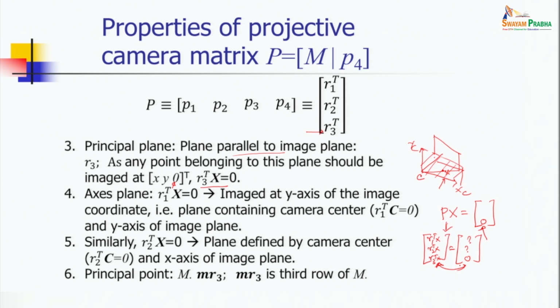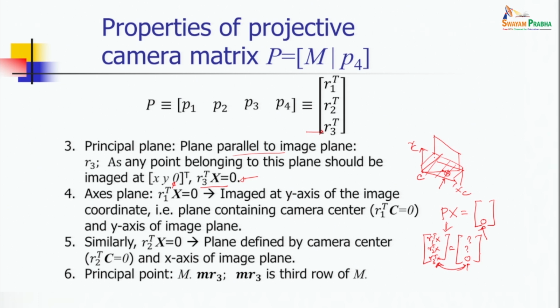And what is this? This equation is the equation of a plane, and this is the property: all these points have to lie on the principal plane, then only you can get these ideal points as image points.